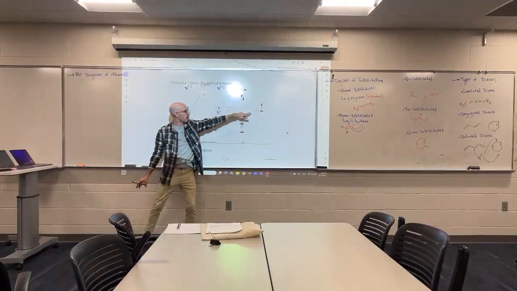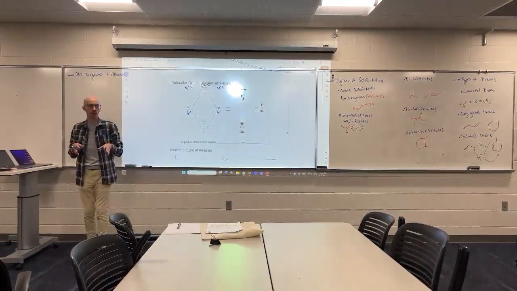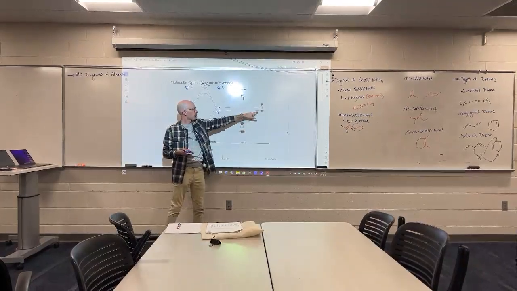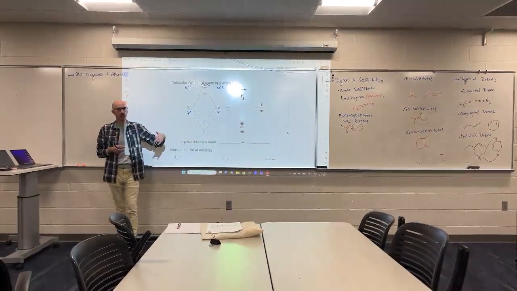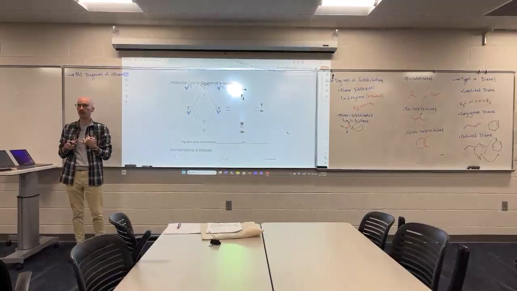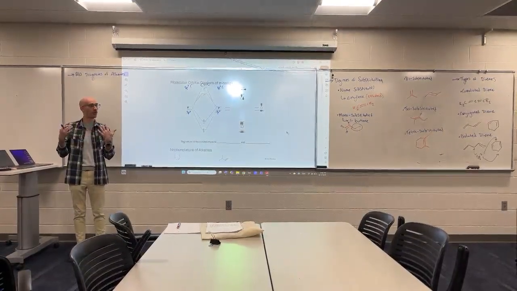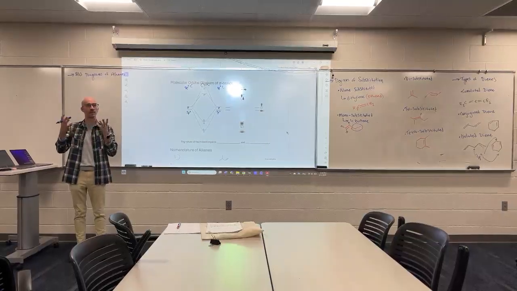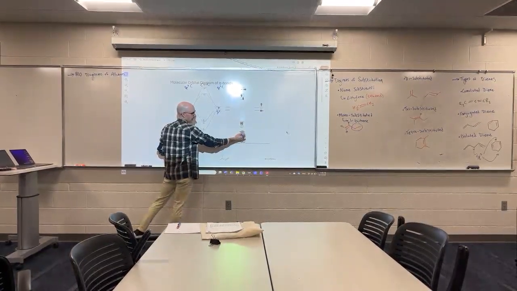And by the way, this is what your hybridized orbital kind of looks like. One big lobe, one smaller lobe. When these hybridized orbitals overlap constructively, we do not have a hybridized orbital anymore. We don't have an atomic orbital. We have a new molecular orbital, an orbital that envelops 2 nuclei. This is what that orbital looks like.